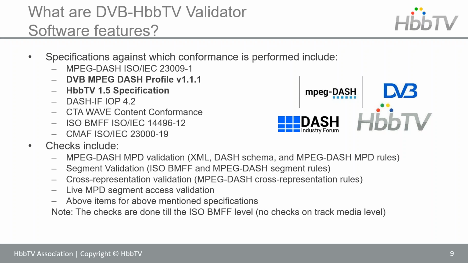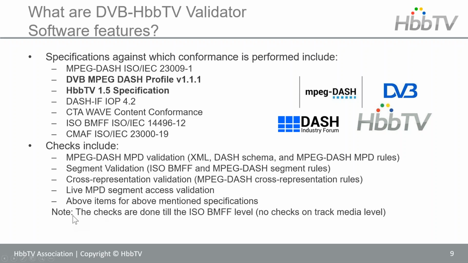And then there are flags in the MPD that have to be cross-checked against the segment data themselves. So cross MPD-segment validation is done as well. So these could be the broad categories of checks that are performed. Then for live MPDs, meaning for dynamic services, there is a segment access validation tool provided as well. We're going to discuss this in a bit.